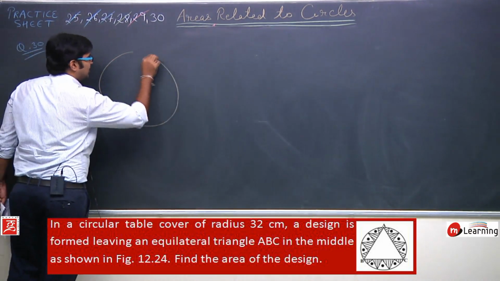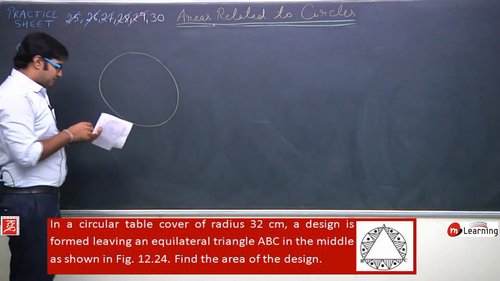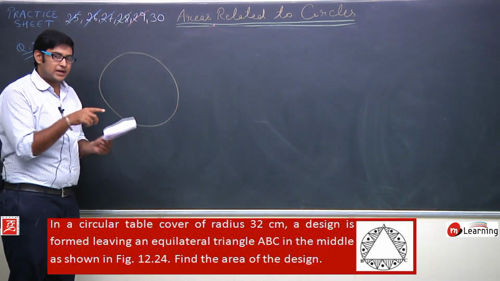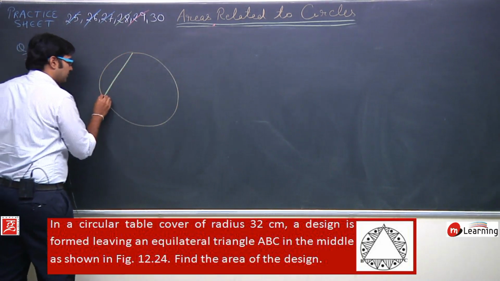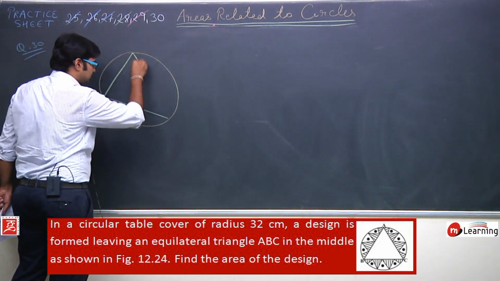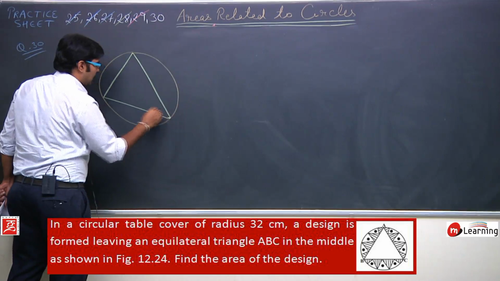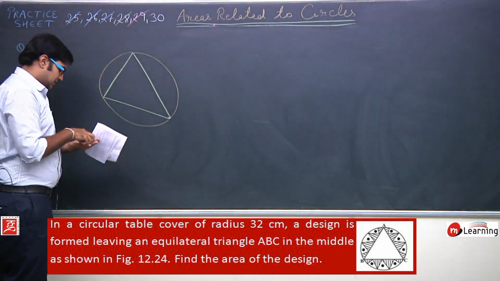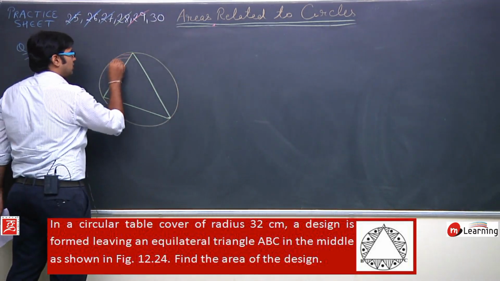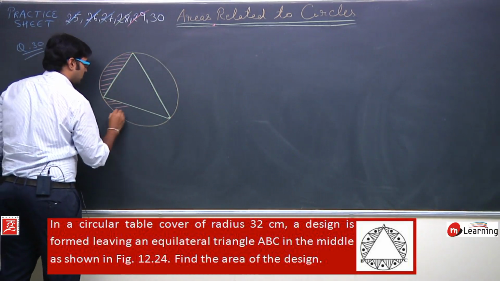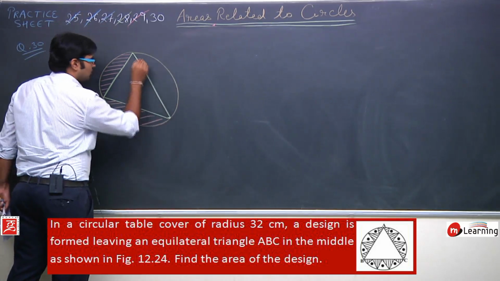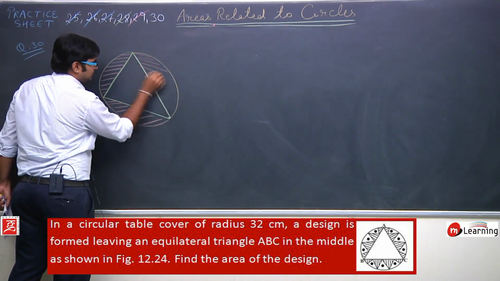So on this circular table cover, I have a design made such that there is an equilateral triangle like this, and the rest of this portion has some design. So this portion is designed.